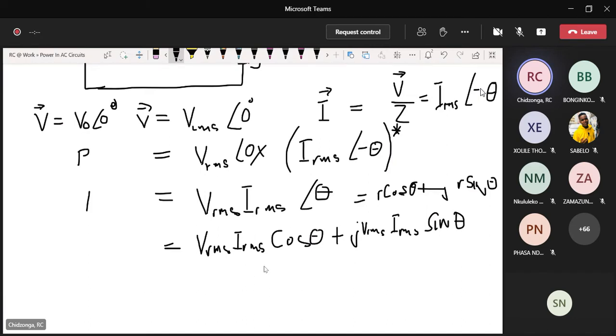Now notice that the expression on the right hand side has got an imaginary component and has got a real component.